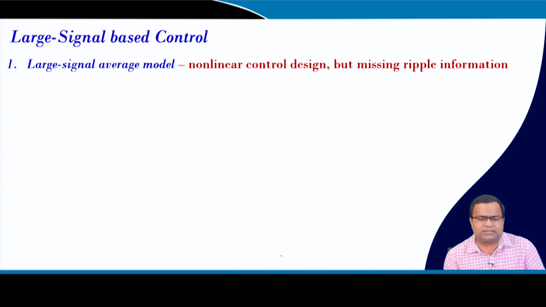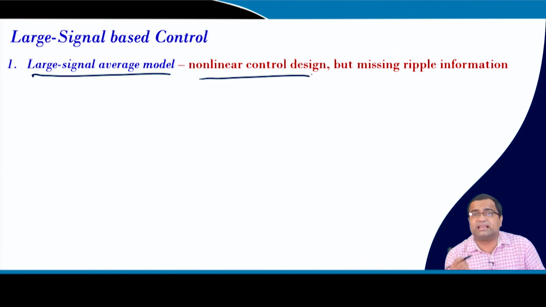Then we discussed large signal based control, where initially we talked about the large signal average model based control, where we talked about exact linearization and Lyapunov based stability. We saw that if you take state feedback control, we can achieve a faster response in case of boost converter over output feedback control, but due to the small signal model validity you cannot increase the bandwidth even beyond 1/2 of the RHP zero.